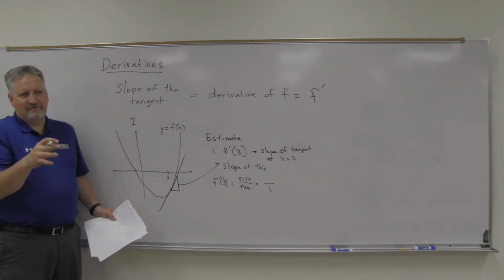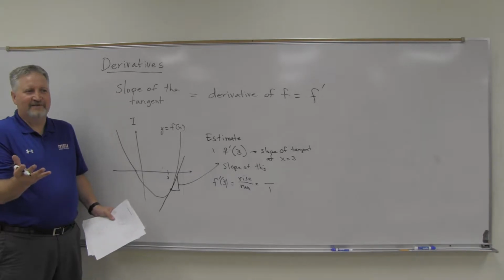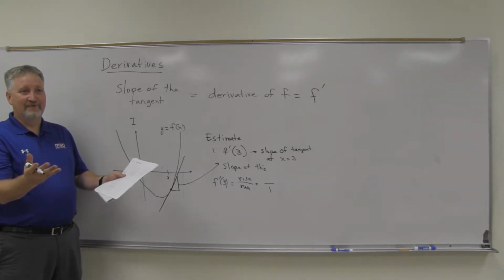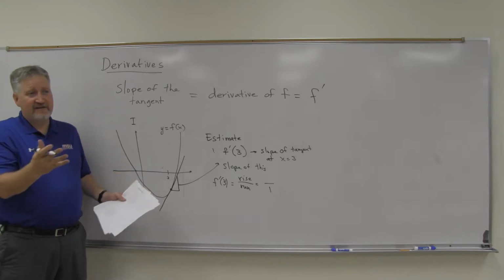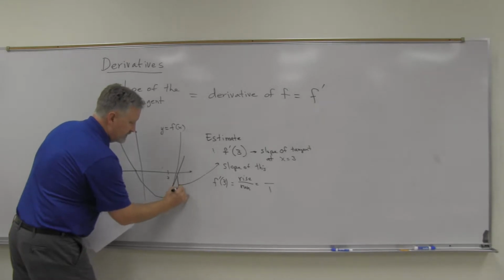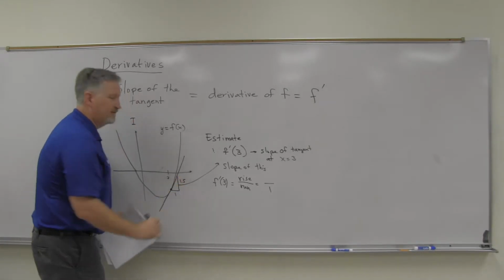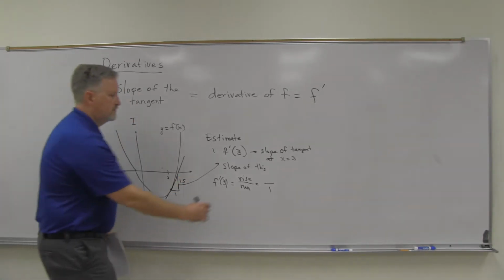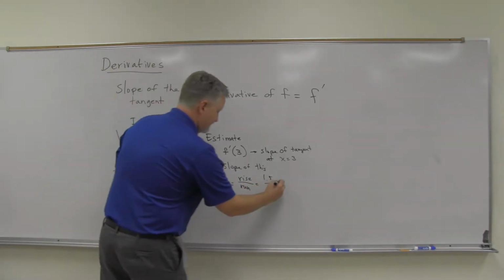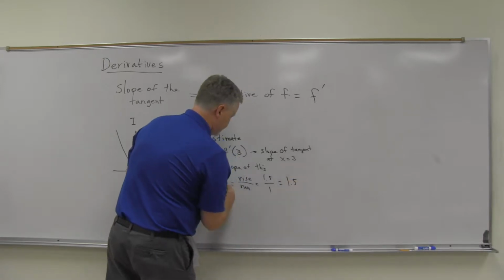I mean, it's approximation, so you don't have to get the same thing I do, but about what you get. 1.5? Yeah. Around there? Yeah, because it runs 1, and then the rise here is 1.5. Yeah, that's what I got. So the rise is 1.5, and so thus, that's going to be my derivative.